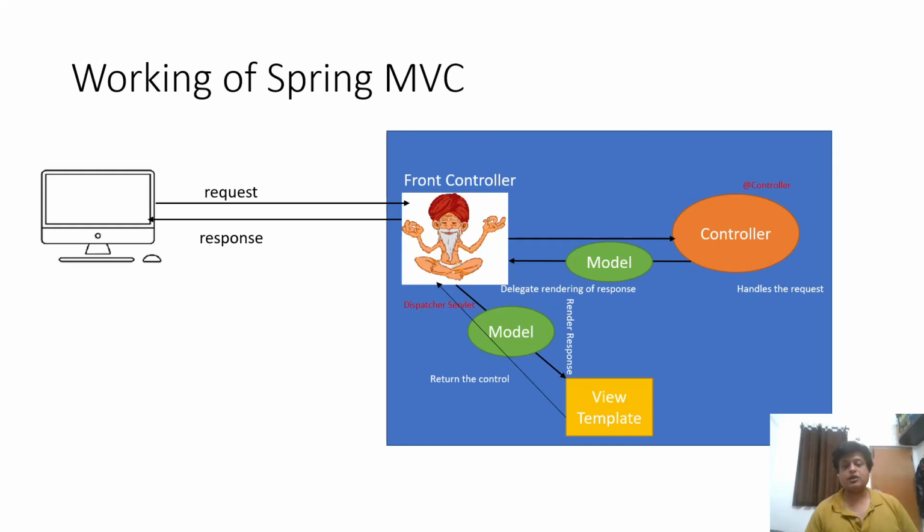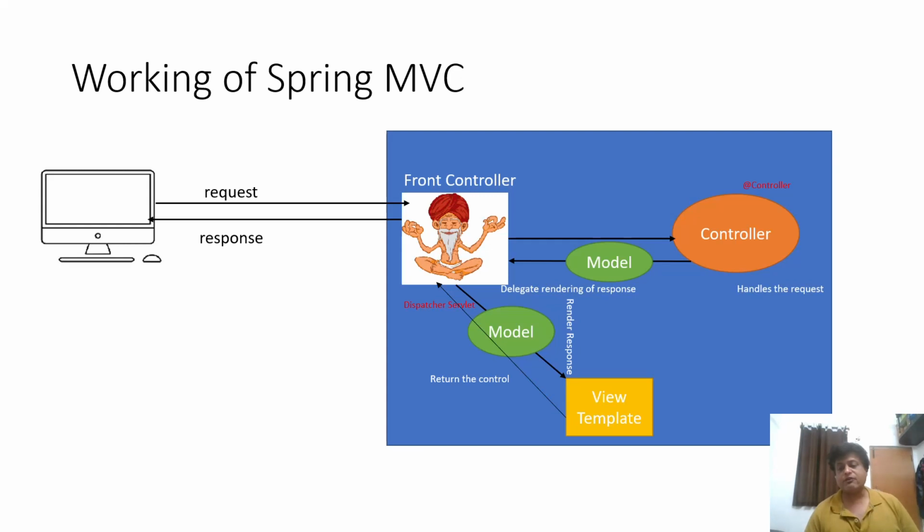The front controller will give that request further to the controller, and after getting to the controller, the model will direct the request from the controller to the front controller again, and the front controller will dispatch this with the help of the dispatcher servlet.